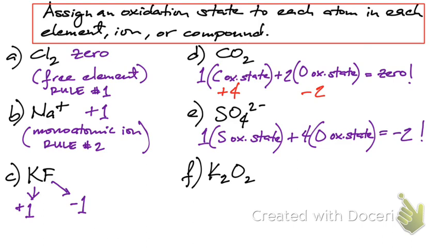So looking at the list again, oxygen would take priority, right? So we would give it a -2 oxidation number. So -2 multiplied by 4 is -8, and then -2 plus 8 would be +6. And so the oxidation state of sulfur here is +6.